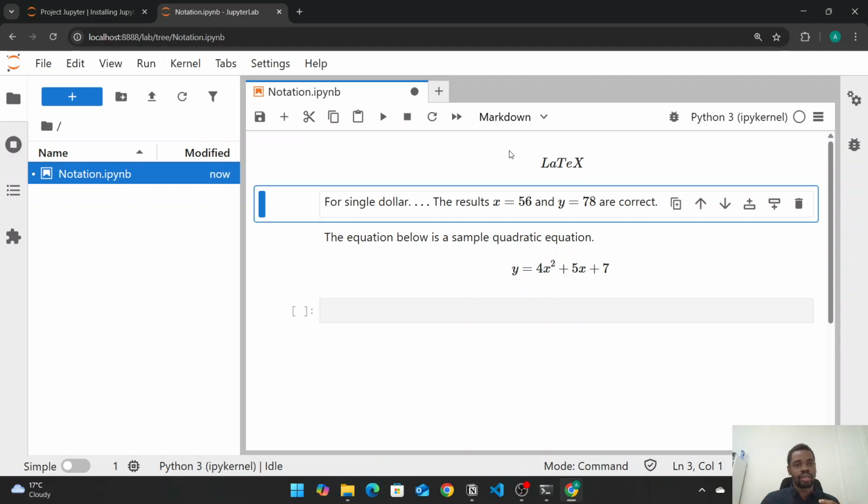Another amazing thing with this LaTeX is you can represent any equation. Let me do something a little bit advanced.